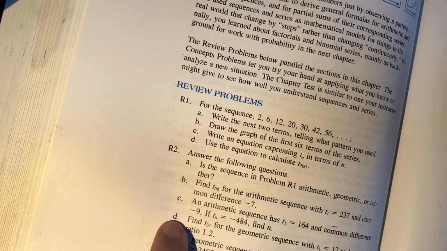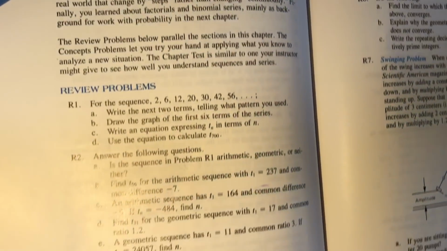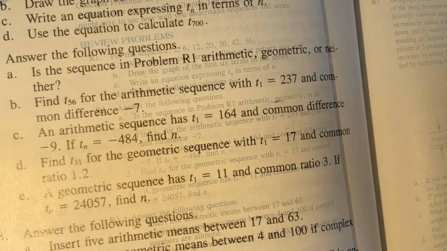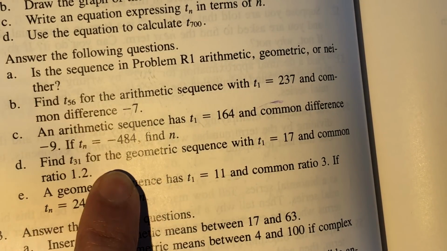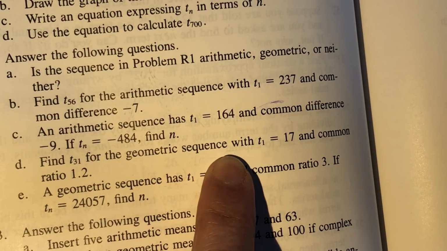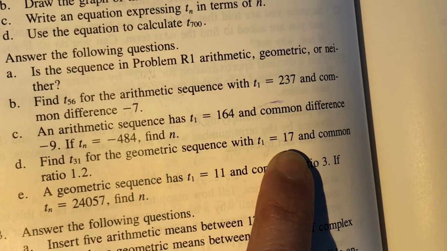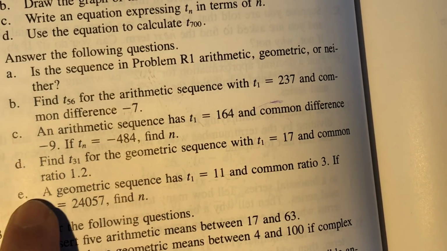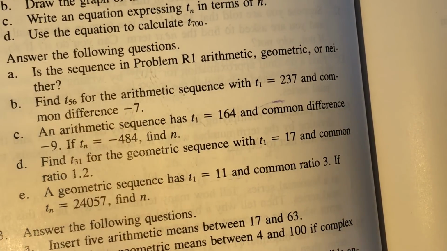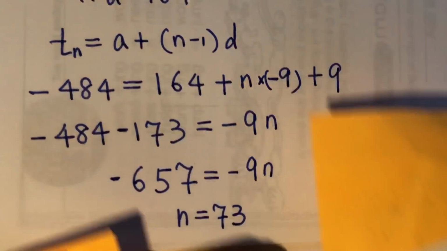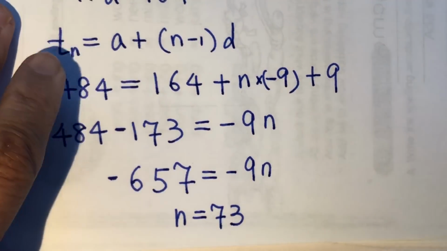Okay, the next one, D. Find T31 for the geometric sequence with T1 equal to 17 and common ratio 1.2. Okay, I always like to use my formula.